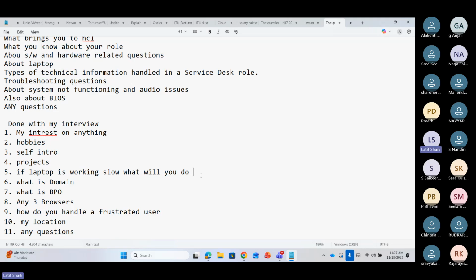We go to Run and type percentage 10%, open the temporary files, and delete all the temporary files. Same way go to prefetch, remove all the prefetched files, and type temp and remove all the system-based temporary files.